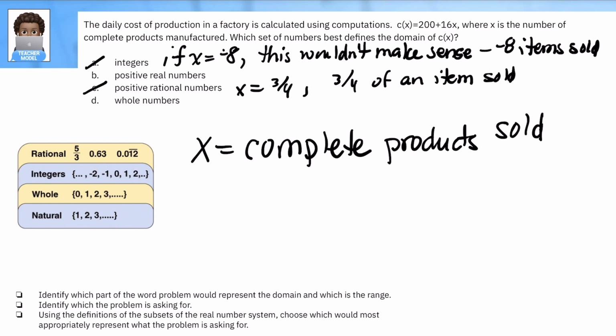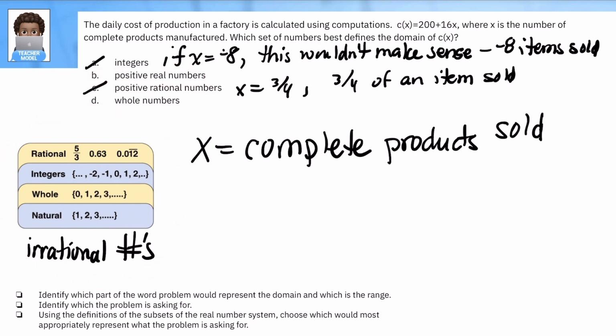So now we have two. We have positive real numbers and we have whole numbers. But remember, we also have another set of real numbers in here, which would be our irrational numbers. So when we say positive real numbers, we're saying anything positive in this whole group.